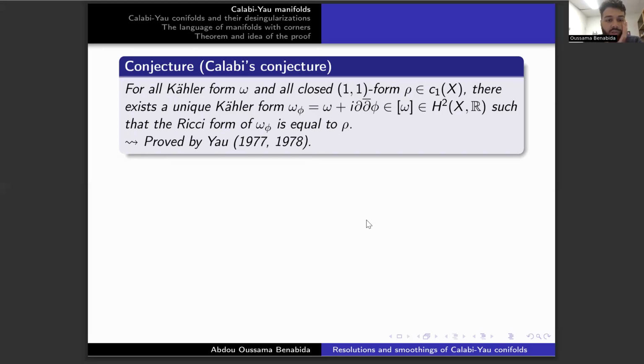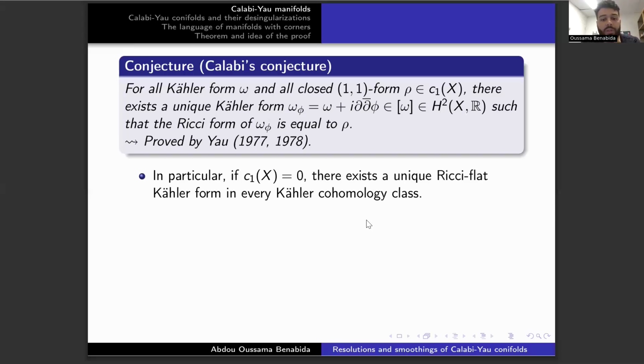This was solved by Yau in 77 and 78. The particular case is when the first Chern class of the manifold is equal to 0. So in particular, we can take rho here to be equal to 0 itself, so it's 0 everywhere.